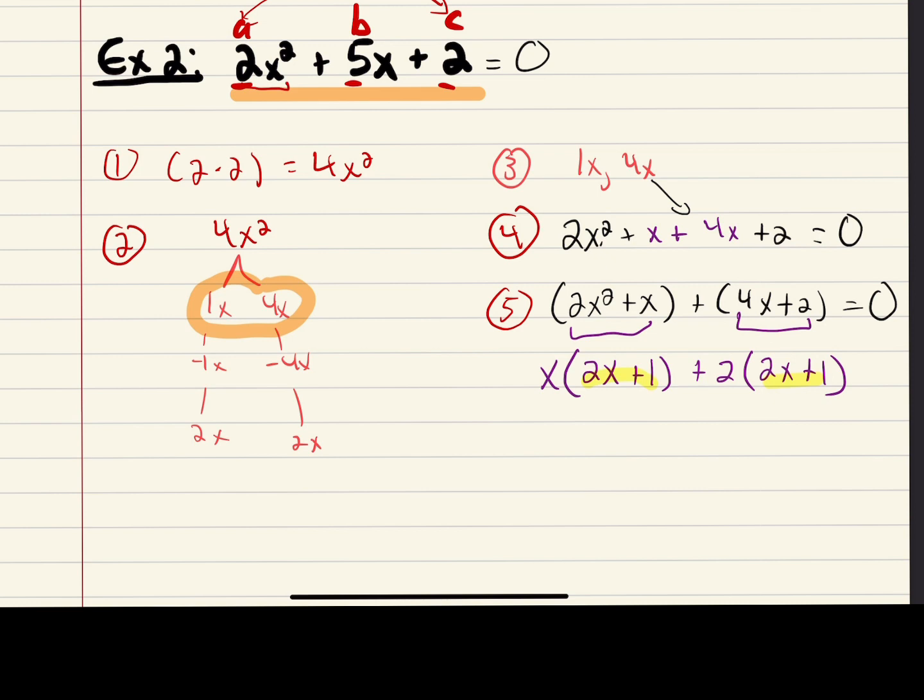Or you could think about it as, well, since it shows up twice, I'm going to factor it out. So regardless, we're going to factor the 2x plus 1 out. And when we do that, all we're left with is x plus 2. And so these are the factors of this trinomial over here.